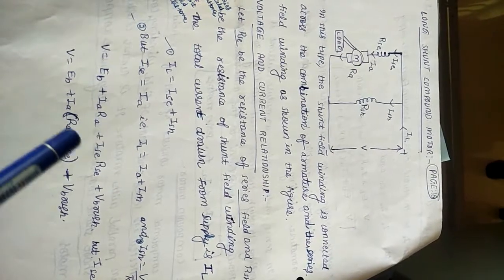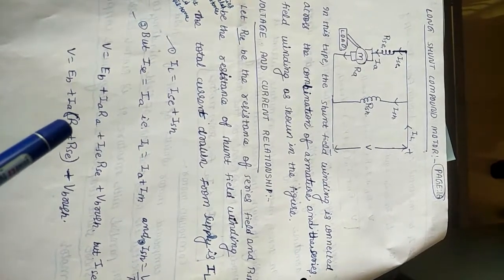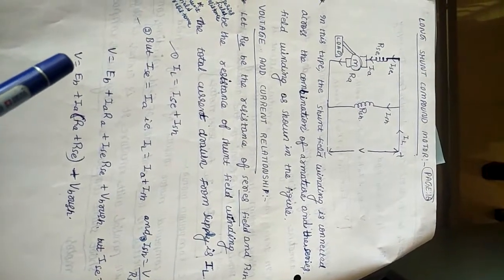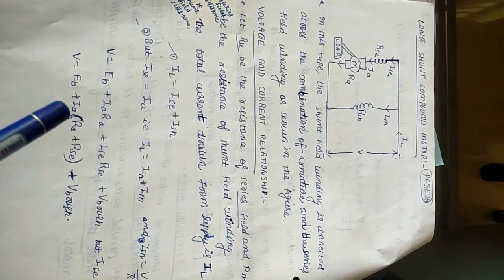If you take ISC equal to IA, and take IA as a common factor, you are left with RA plus RSC. Therefore the final expression is given by V is equal to EB plus IA into (RA plus RSC) plus V brush.